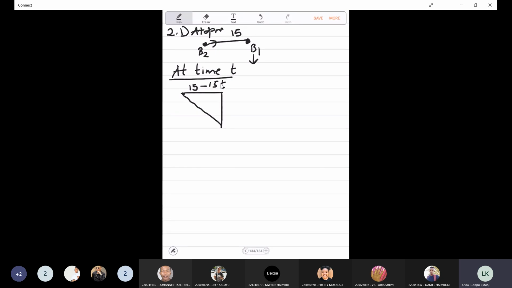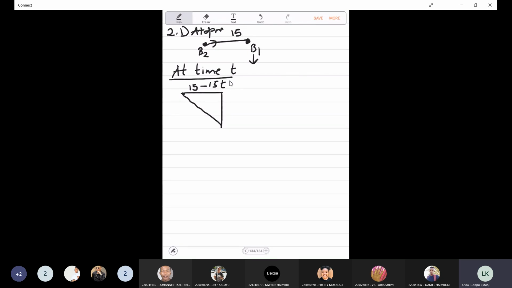Okay, so if you want to work out how far it's traveled in 10 minutes, you convert the 10 minutes to hours. If you want to work out how far away it is from the dock, you say 15, which is the initial distance that it was away from the dock, minus how far it has traveled in that 10 minutes.